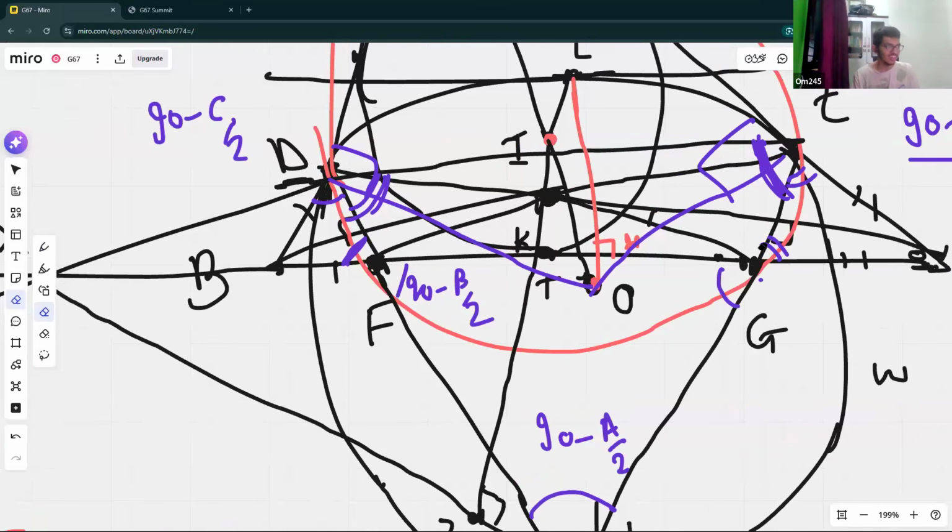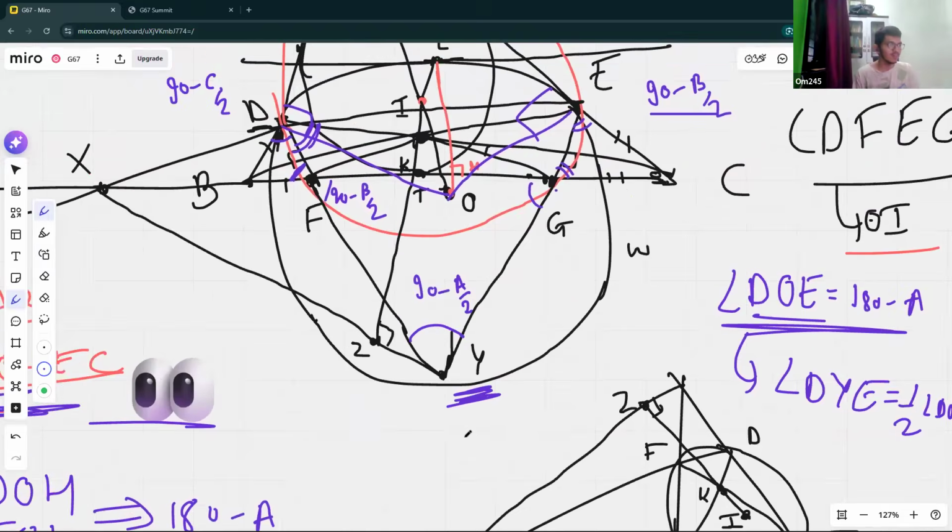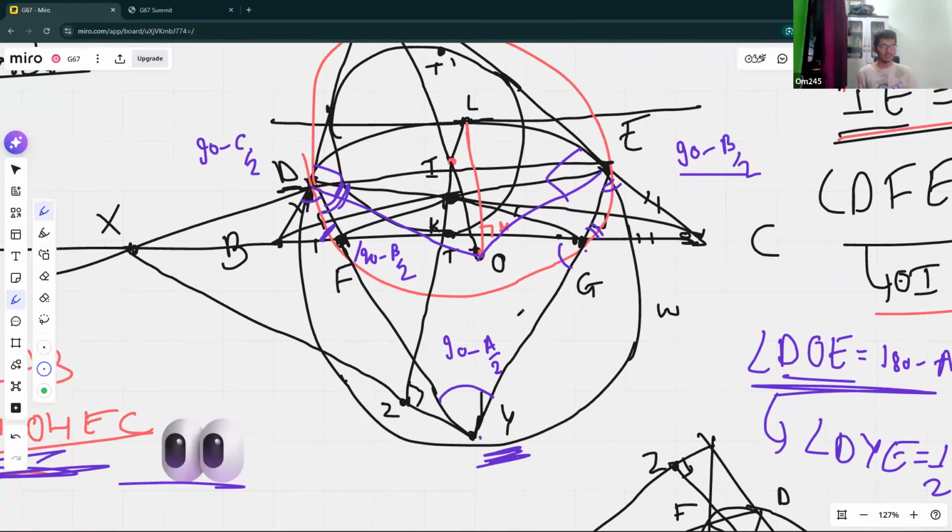So we have, I don't know what the whole diagram becomes. But why rely on omega? Now what?